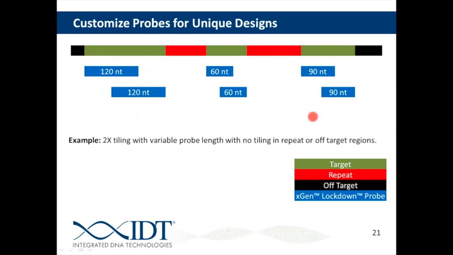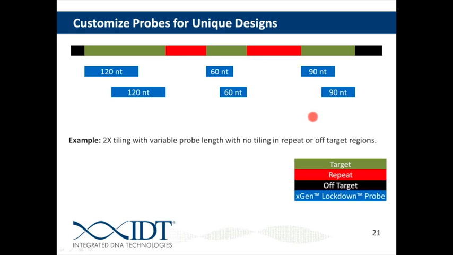Another important attribute of our product is that the probes can vary in length between 60 and 120 nucleotides. This accommodates very custom, unique designs for enriching very difficult regions of interest. For example, some customers have targets that have repeat regions interspersed throughout.